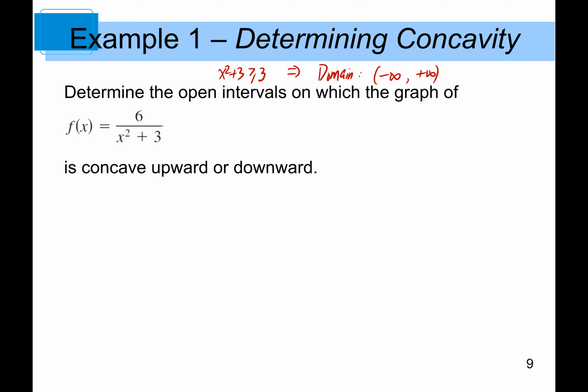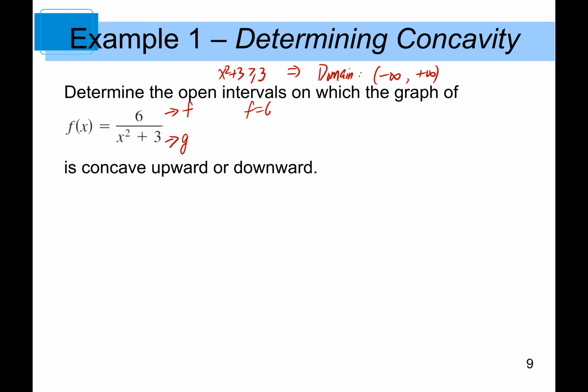This is very important when we carry out the problem later. But first of all, we need to find the second derivative in order to test the concavity. So first we have to find the first derivative in order to find the second derivative. Here we're going to use the quotient rule. The numerator is f, the denominator is g.